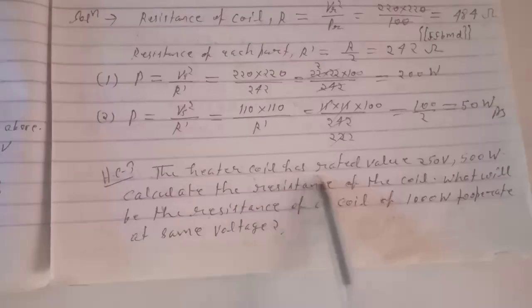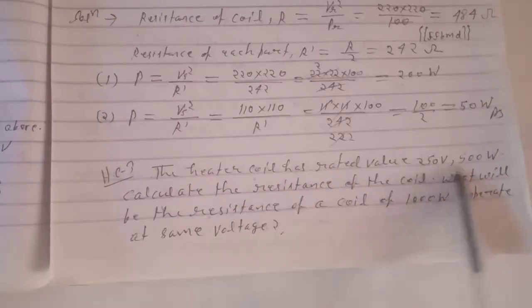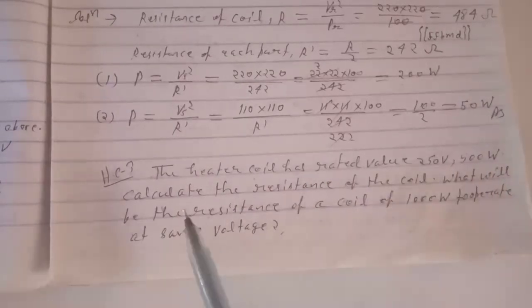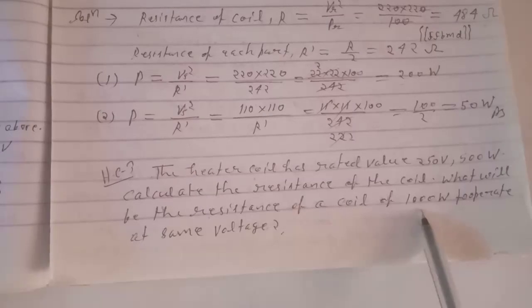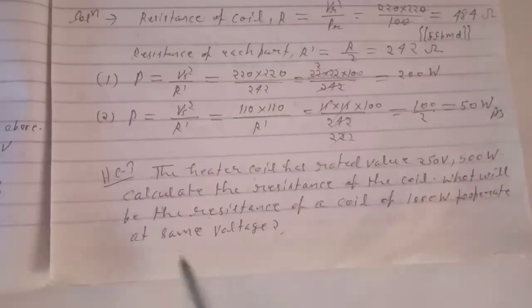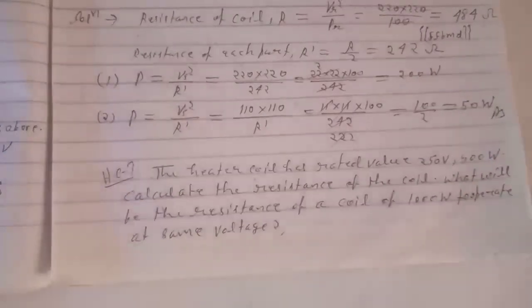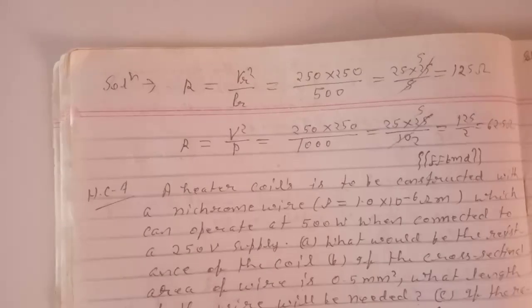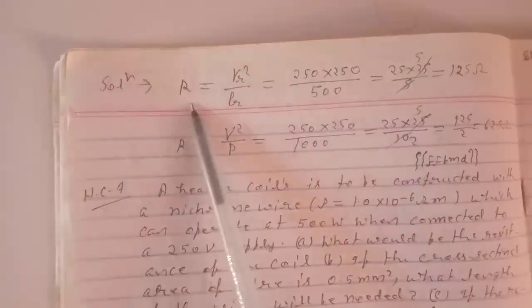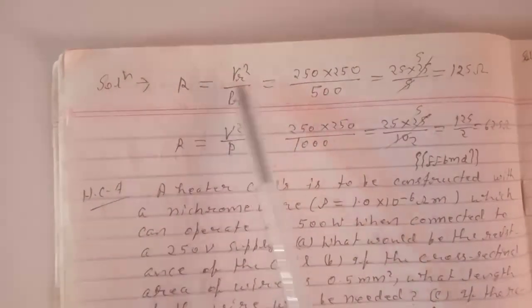The heater coil has rated value 250 volt, 500 watt. Calculate the resistance of the coil. What will be the resistance of a coil of 1000 watt to operate at the same voltage? Here R can be calculated from the formula V rated square by P rated.